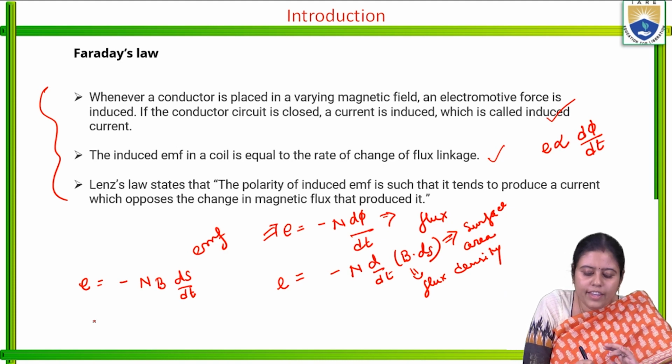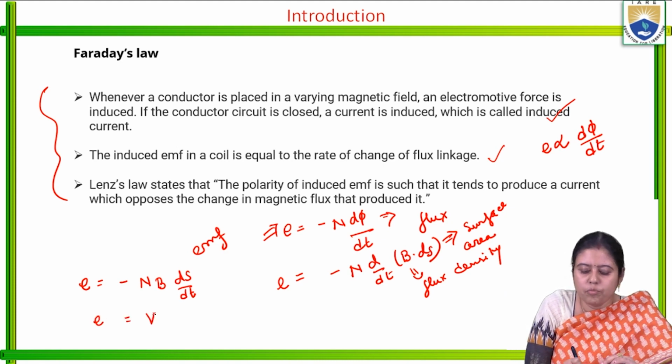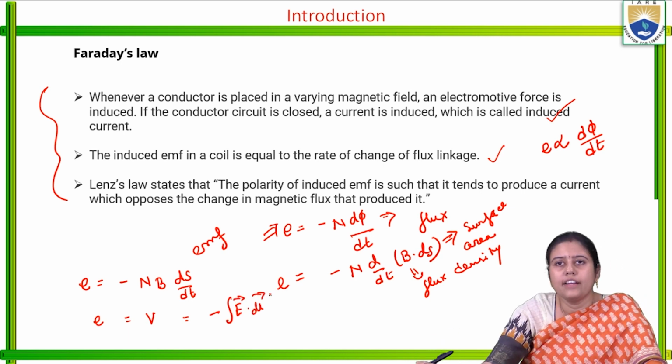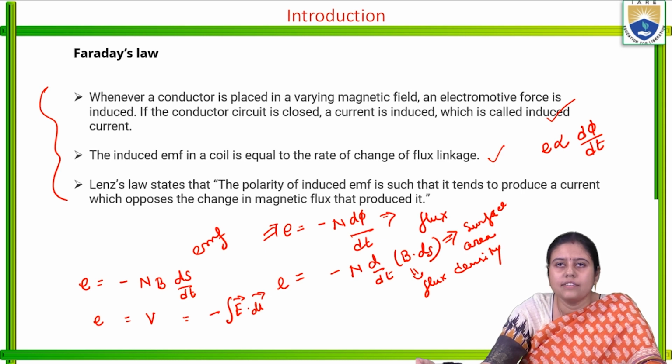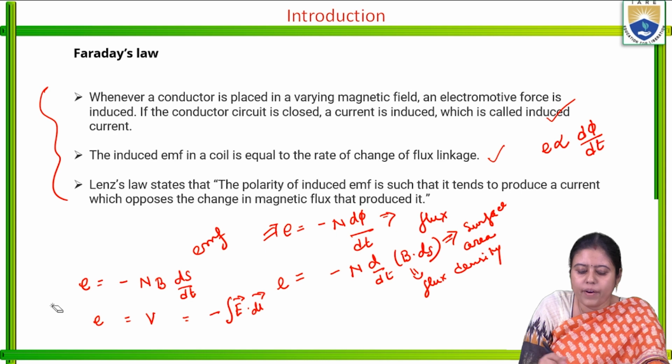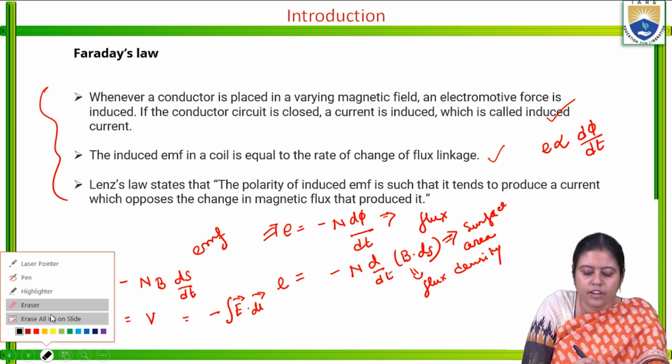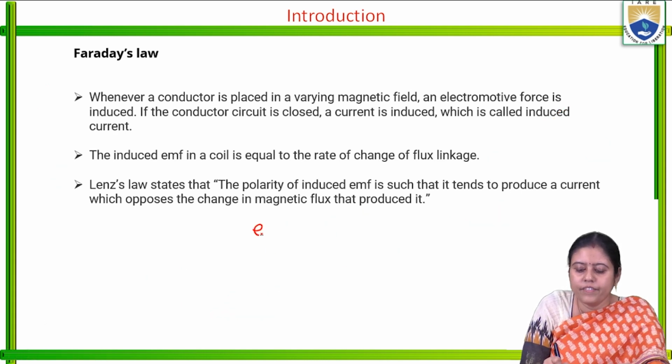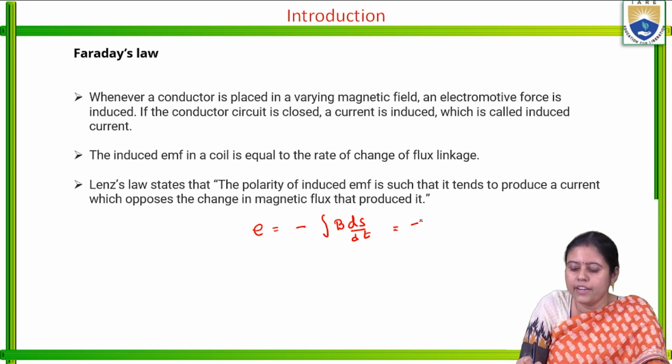Again, we know that the EMF is equal to the potential, which is equal to minus the integral of E dot dl. We can write E is equal to minus the integral of E dot dl. If we combine all the equations, we can write E is equal to minus the integral of dB by dt dot dS, which is equal to minus the integral of E dot dl.